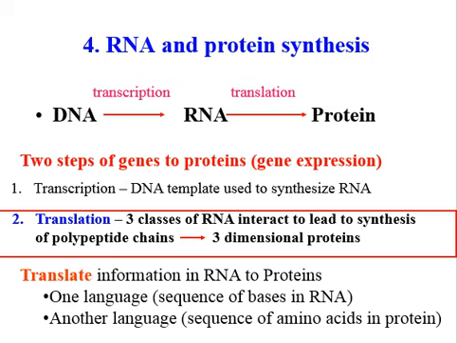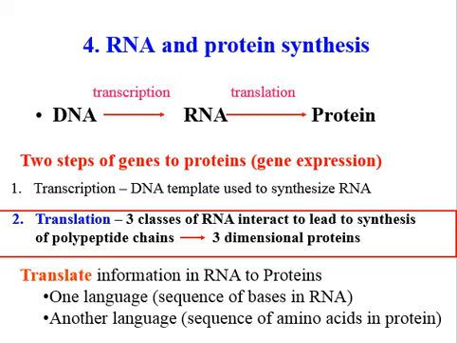Transcription and translation, they're both phases of gene expression or protein synthesis. It's kind of like mitosis and meiosis for some people in this class. They know they start with a T, it's trans something, ends with an N, and they don't know what the difference is.